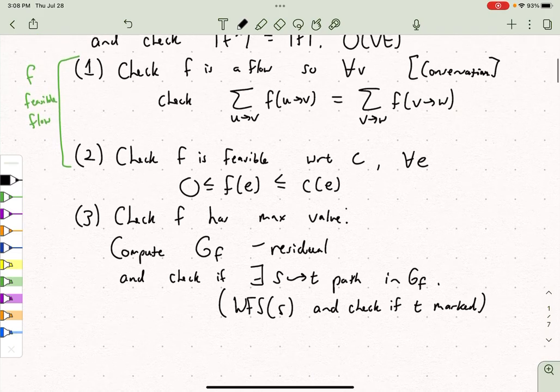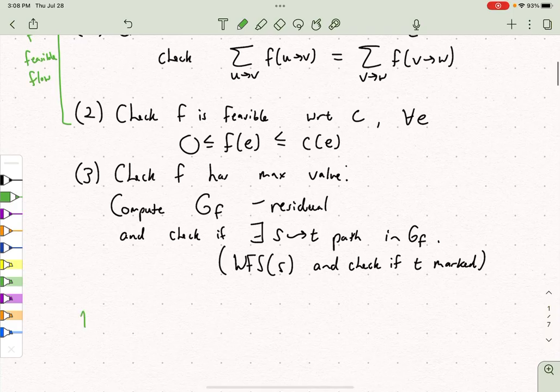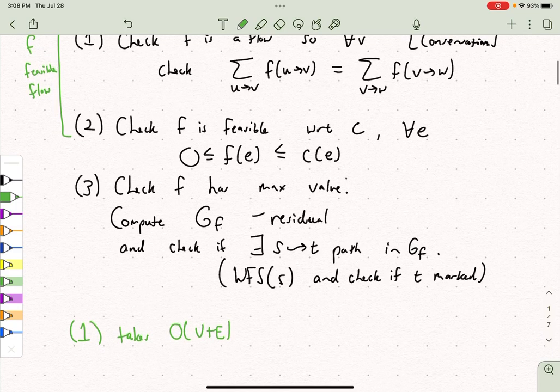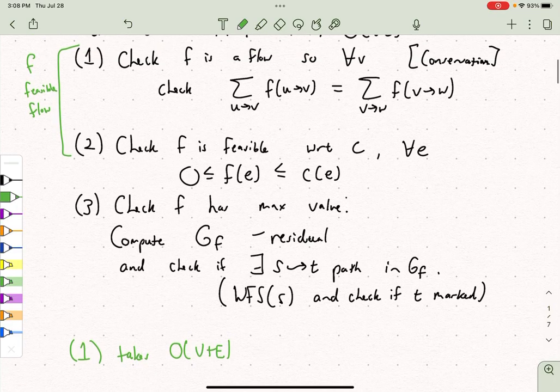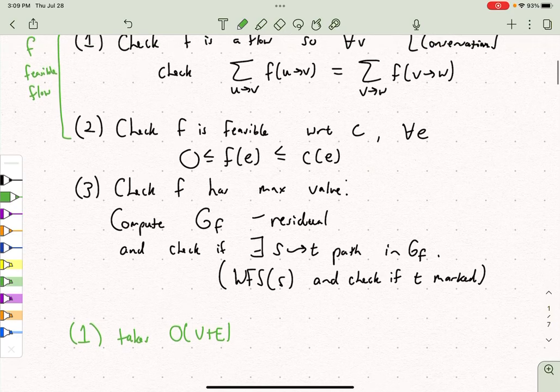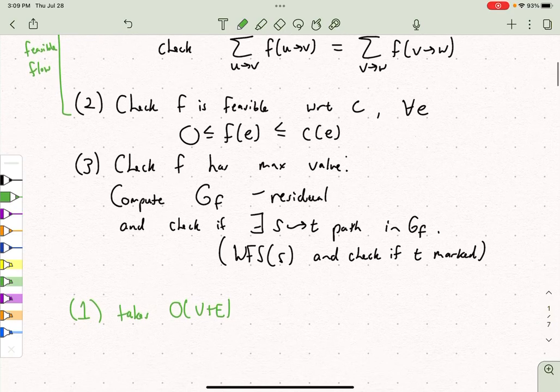Overall, the first step requires us to check every node and edge, so step 1 takes O of V plus E time, since we loop over all vertices, all ingoing and all outgoing edges. If we're using a standard adjacency list or some kind of two-way adjacency list, we can do it quickly. Part 2 is even easier.